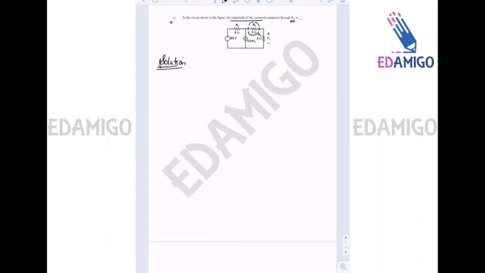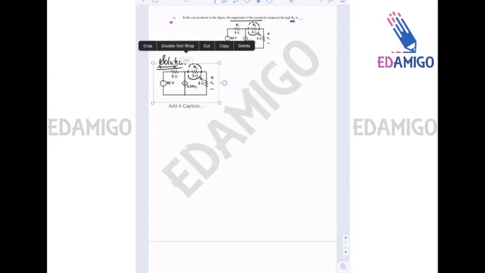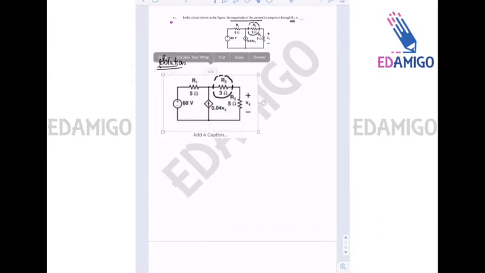First of all, I'll redraw the figure. Okay. So in this question, while solving such questions, first of all, just mark all the information given in the figure.